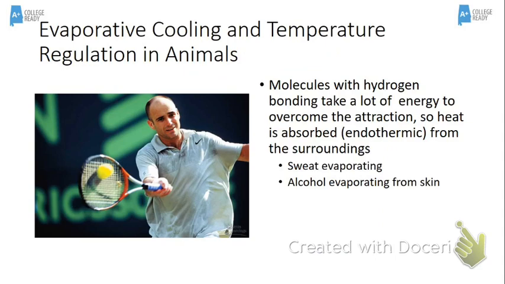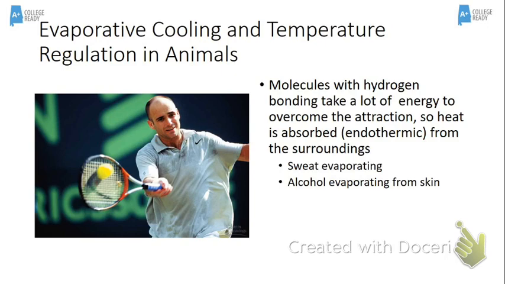When we sweat, this is a big one. In order for that water molecule to evaporate, it must get energy from the surroundings. This is what we were talking about a couple of lectures ago with endothermic processes, which absorb energy.